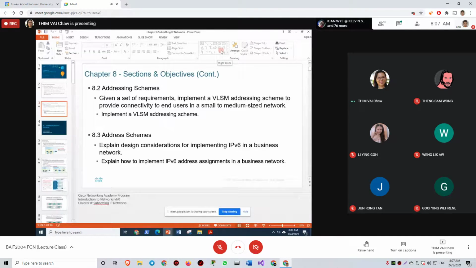So 20 marks for subnetting, don't miss the 20 marks. You can score well in your practical test in week 13. The calculation part is very easy for you to score and get full marks. Don't miss these marks.